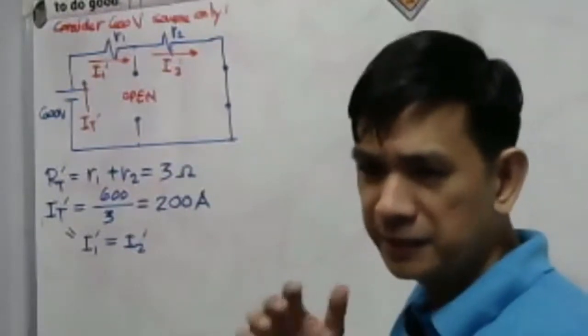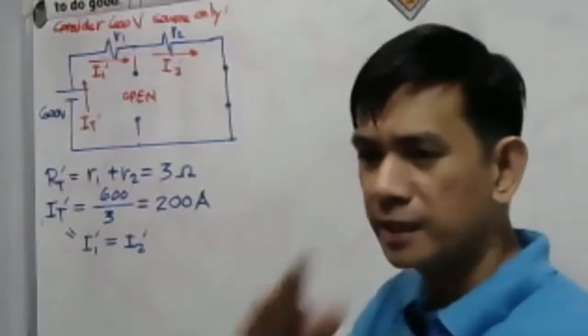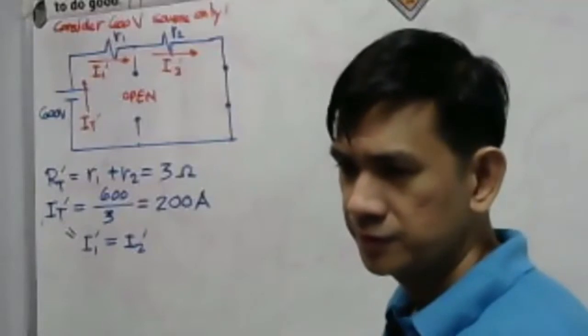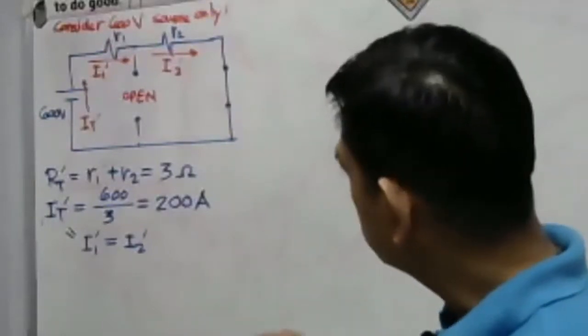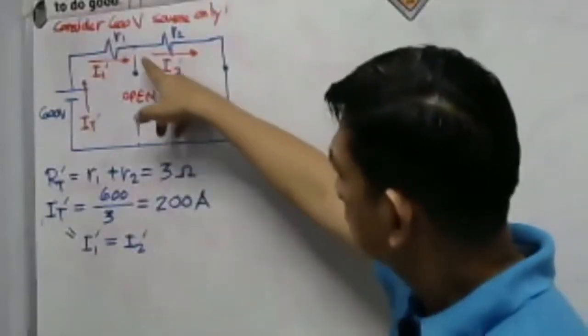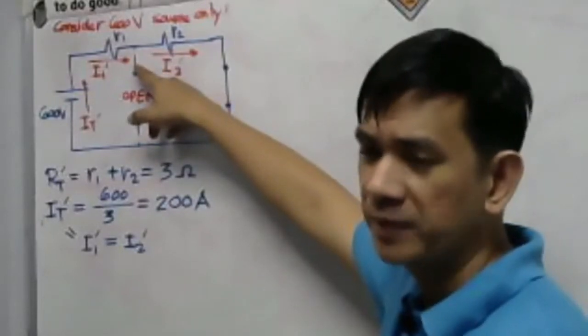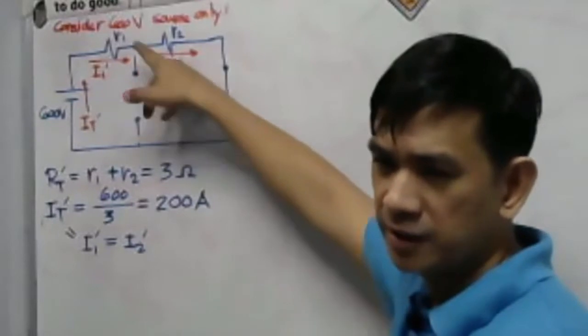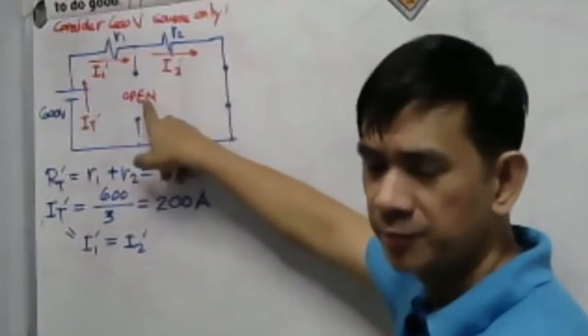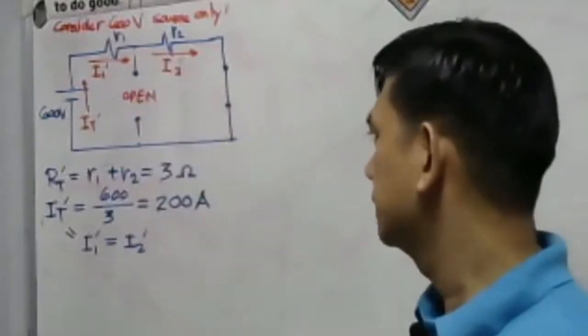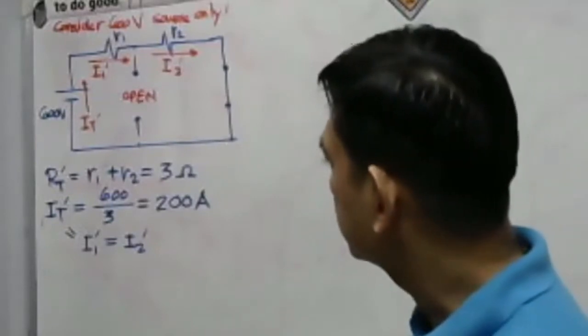Remember, again, if we have a current source, that current source must be short-circuited. That must be short-circuited. Ay, open-circuited. Sorry, open-circuited. If we have a current source, open-circuited.